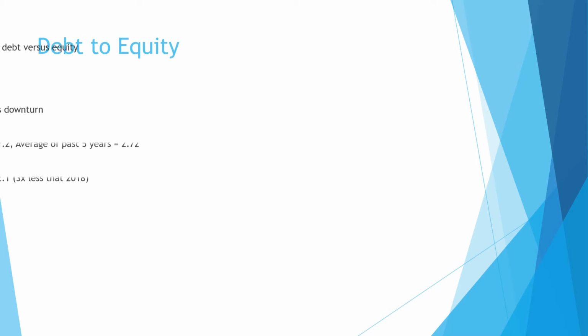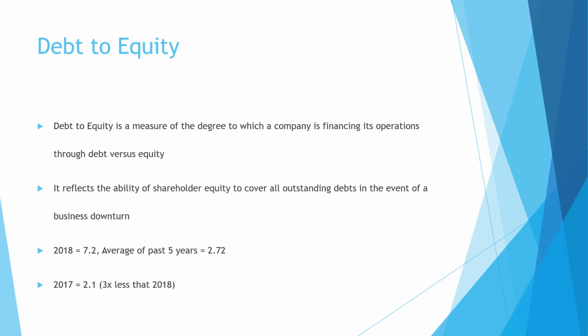Debt to equity ratio. Debt to equity is a measure of the degree to which a company is financing its operations through debt versus equity. It reflects the ability of shareholder equity to cover all outstanding debts in the event of a business downturn.